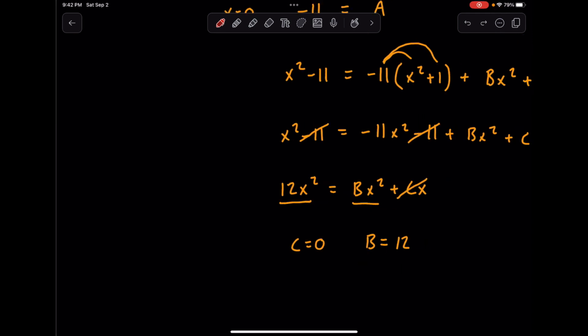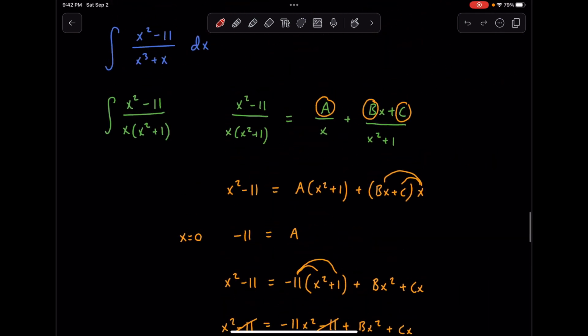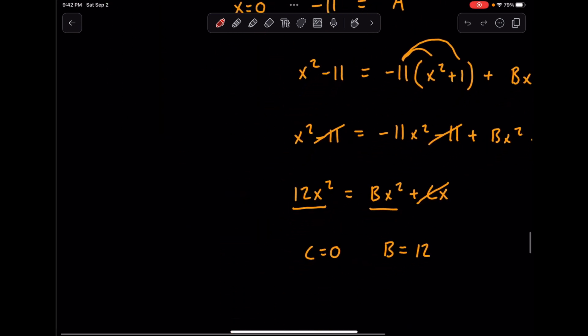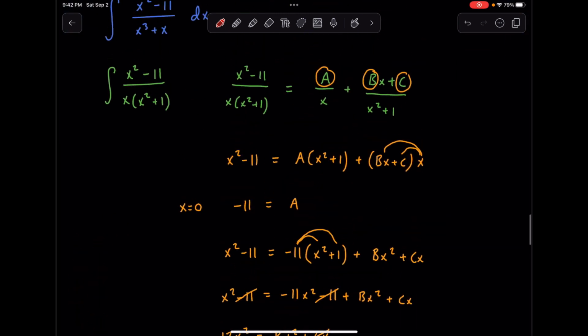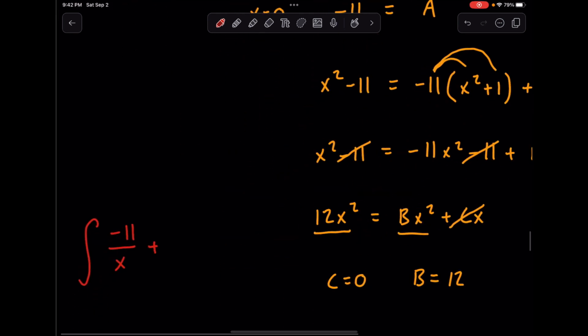So now that we have our three constants, we can go ahead and plug them in this form. So let's rewrite our integral as a, which is negative 11 over x. Again, we're following this term. And now we know that b is 12, so we can do plus 12x over x squared plus 1 dx.